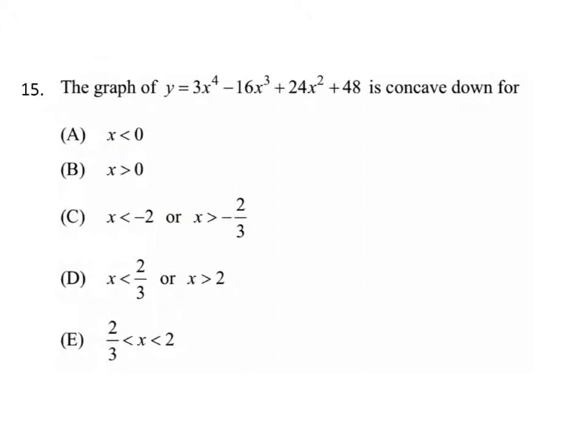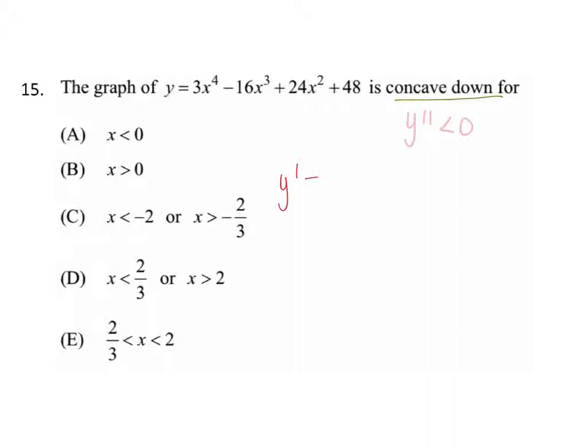And for our last problem, we're looking for concave down. And we know that our function is concave down whenever the second derivative is going to be negative. So let's find that second derivative.